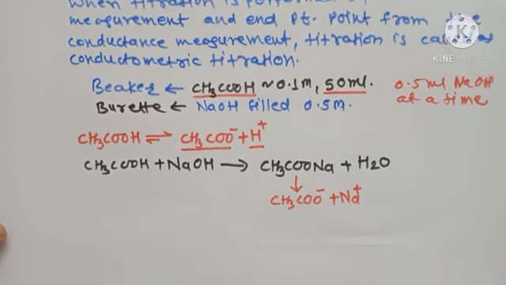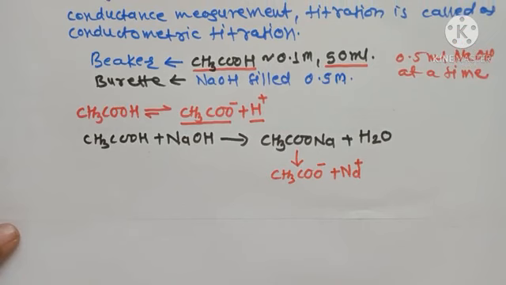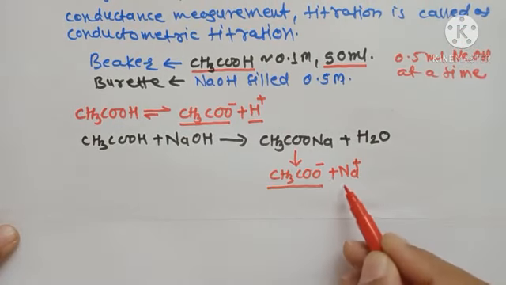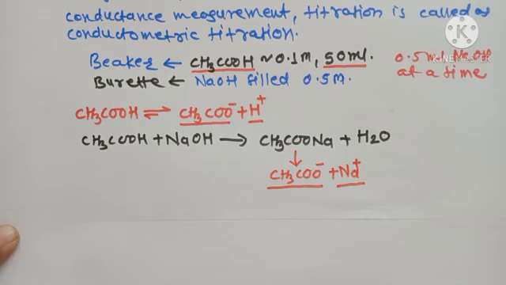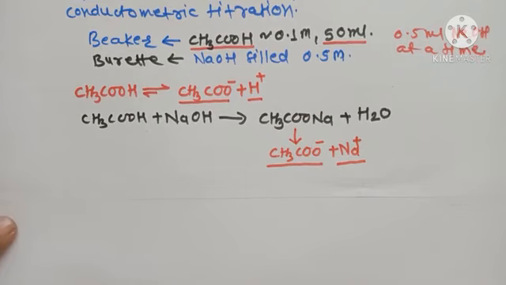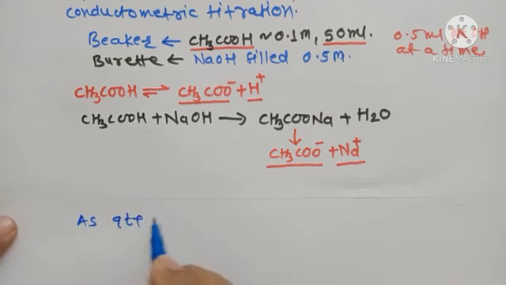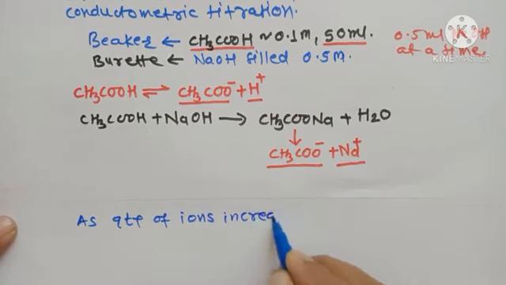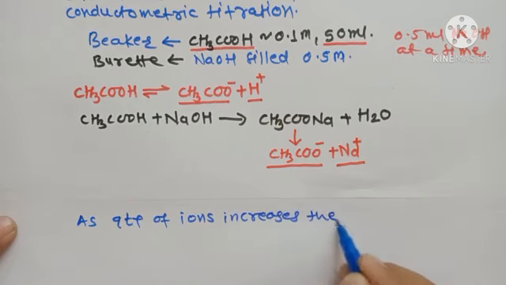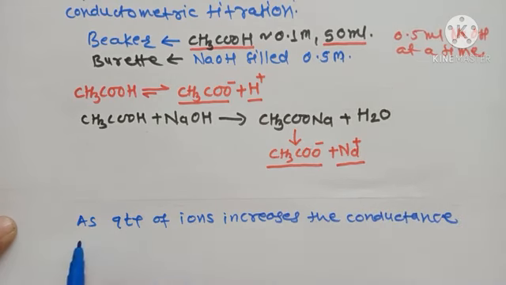So when we add 0.5 ml NaOH every time, what will happen? The quantity of acetate anion and Na plus ion goes on increasing. That is, the quantity of anion and cation in the solution increases. Thus, as the quantity of ions increases, the conductance increases.